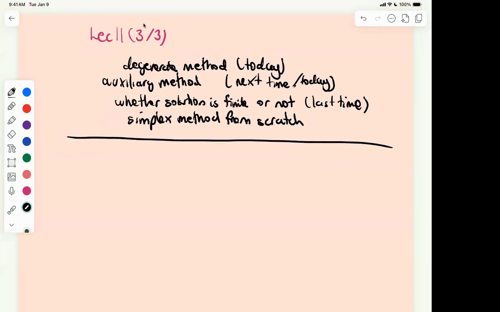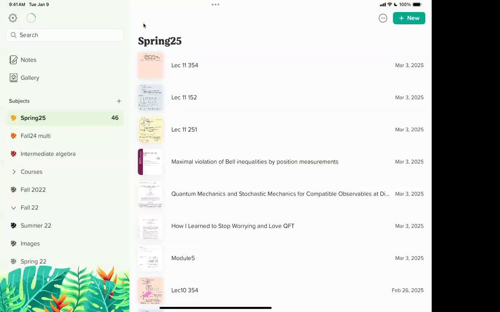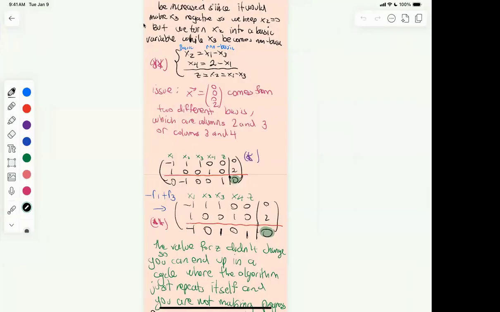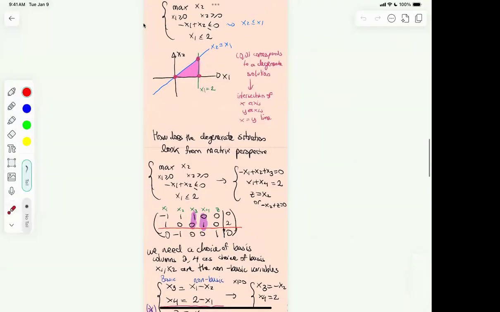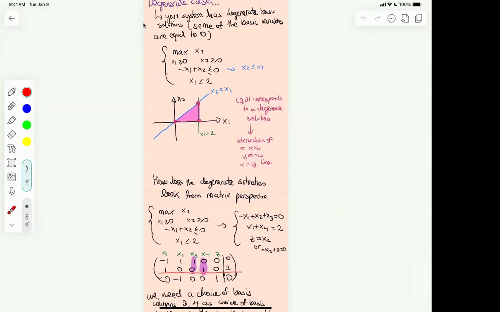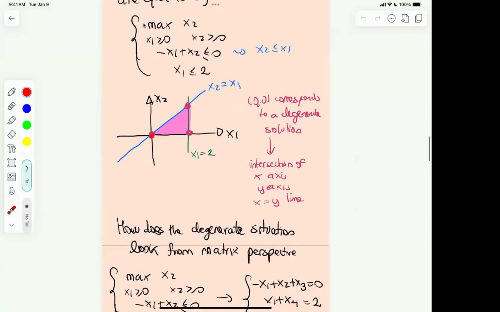Okay, so what I was trying to explain last time with the degenerate case, just to go back quickly to the notes from last time. What makes something a degenerate situation is, for example when there are only two variables, that one of the corners is the intersection of more lines than you would expect, because in general a point is the intersection of two lines.